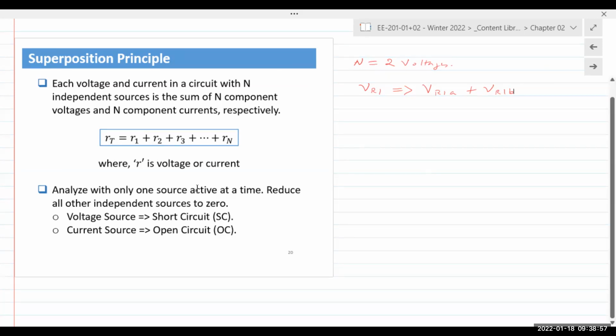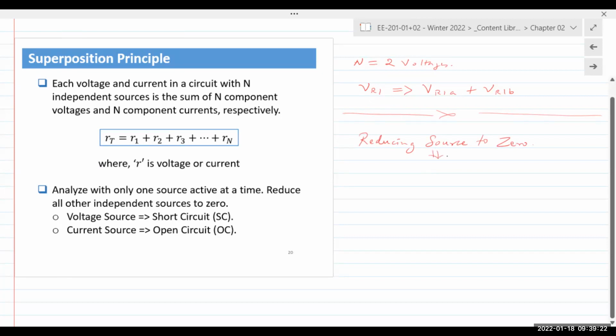So how do we analyze with only one source active at a time? Well, that's where I introduce the concept of reducing the source to zero.